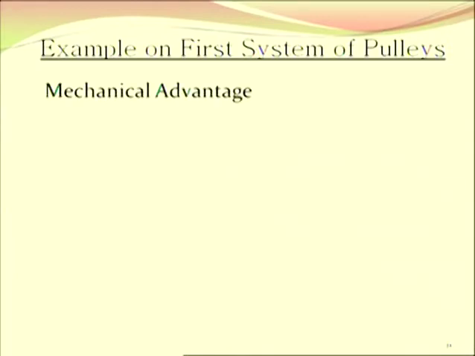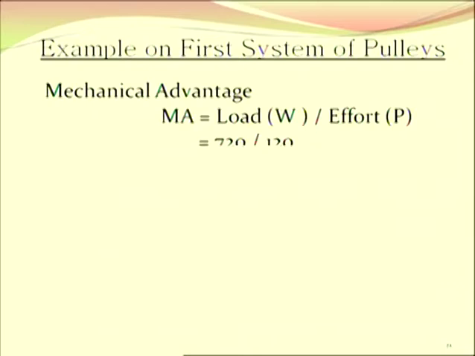Now we know that mechanical advantage MA is nothing but load W divided by effort P. In the data, load is given as 720 Newton and effort is given as 120 Newton. Putting in those values, we have 720 divided by 120, which results in a value of 6.